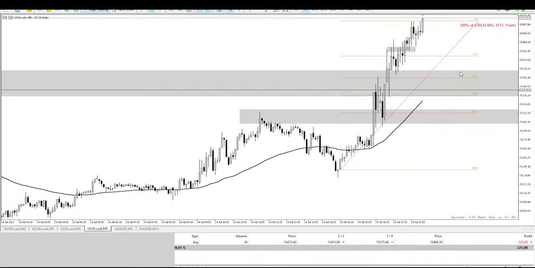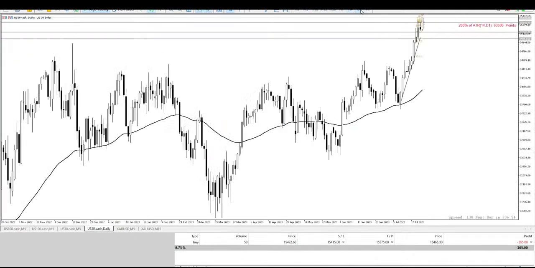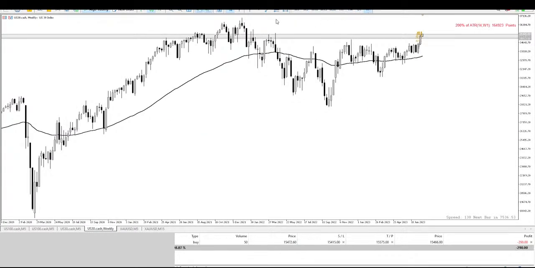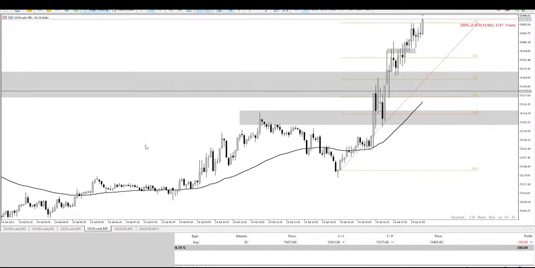All right, so US30 is gonna keep moving up, it seems like. It's still kind of an unstable move though, right?